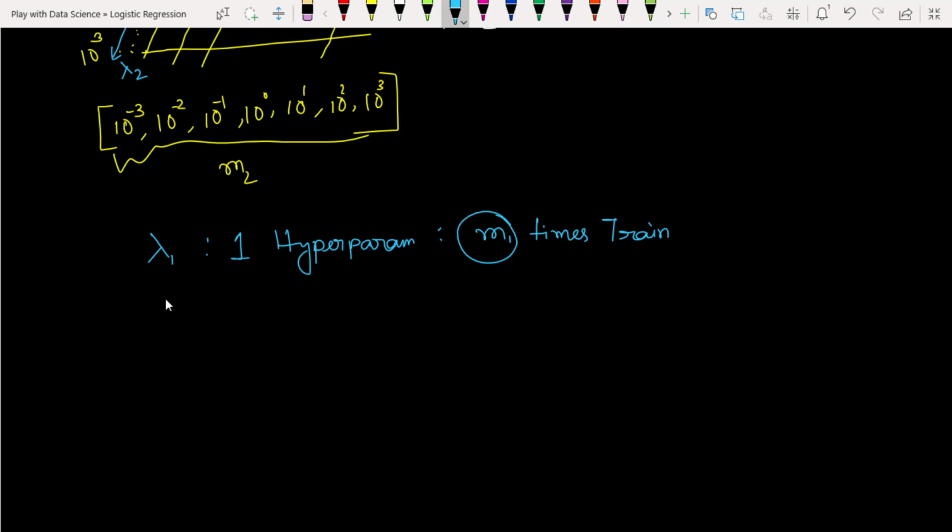If we have two hyperparameters, lambda 1 and lambda 2, then how many times? Simply m1 into m2 times we have to train this model.